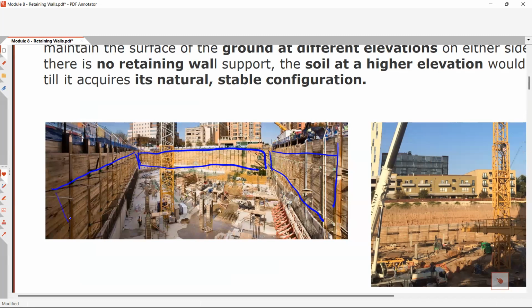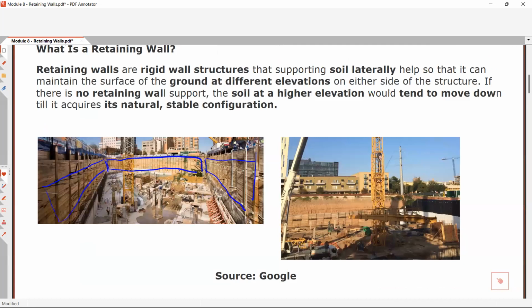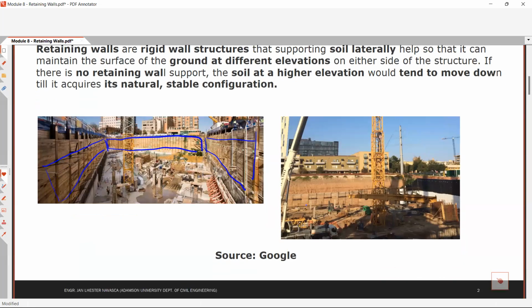These are our retaining walls. Here also, we have retaining walls.